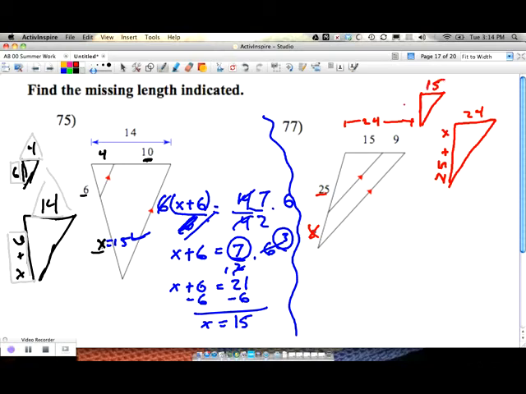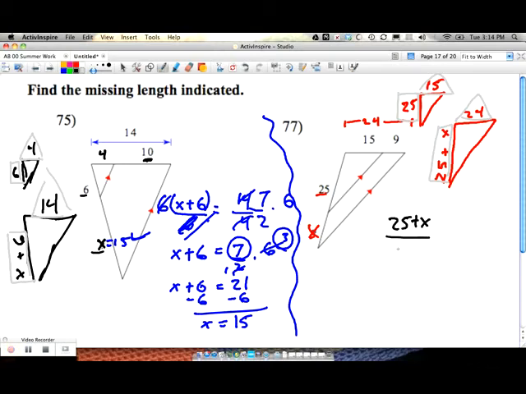Now for the small one, we got 15 here and 25. All right, let's start grouping these. So this 25 plus x, we'll box that. That means we're going to box 25 as well. Then this 15 and this 24 are going to go together in triangles. So let's start with the pieces that match.